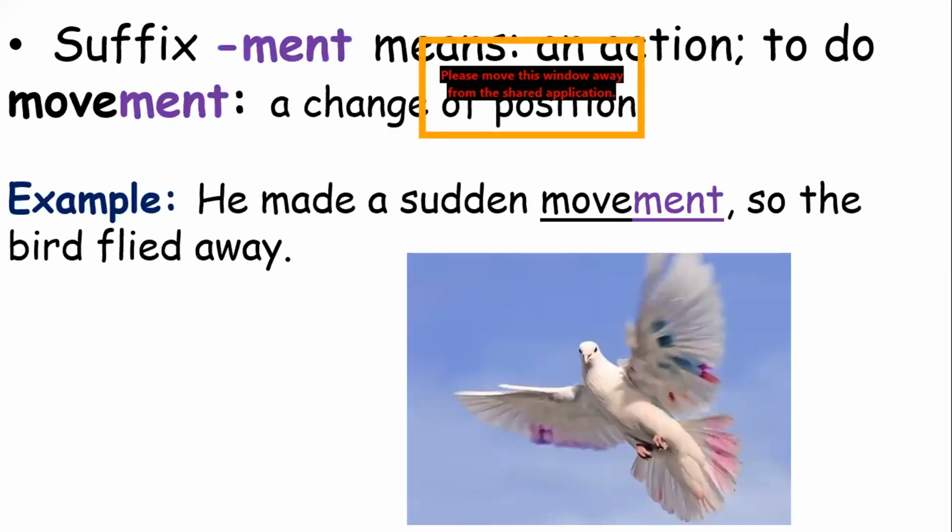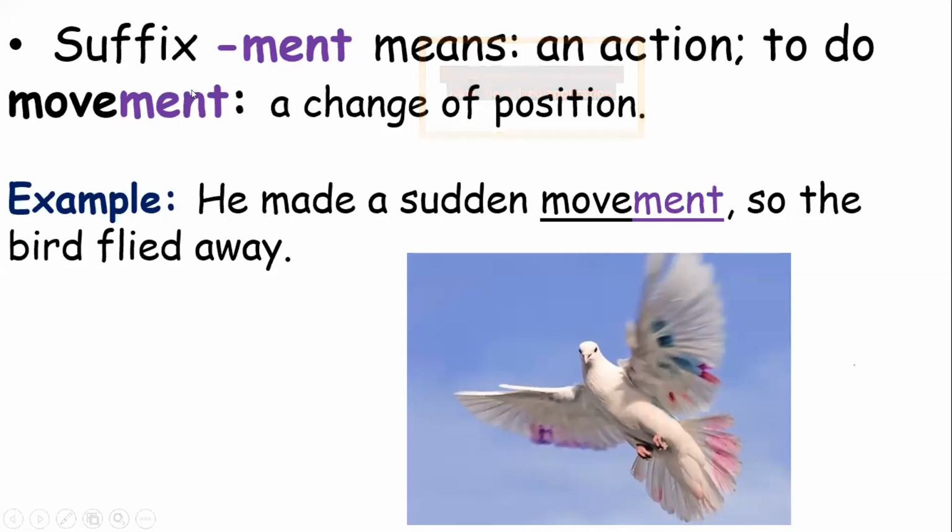Ment, again, means an action to do, like movement, a change of position. All of these words, boys and girls, are words in the Readers and Writers Notebook. The new words that we will take today. I'm just explaining them by giving the meaning and by showing a picture for them, so it can be easier for you.